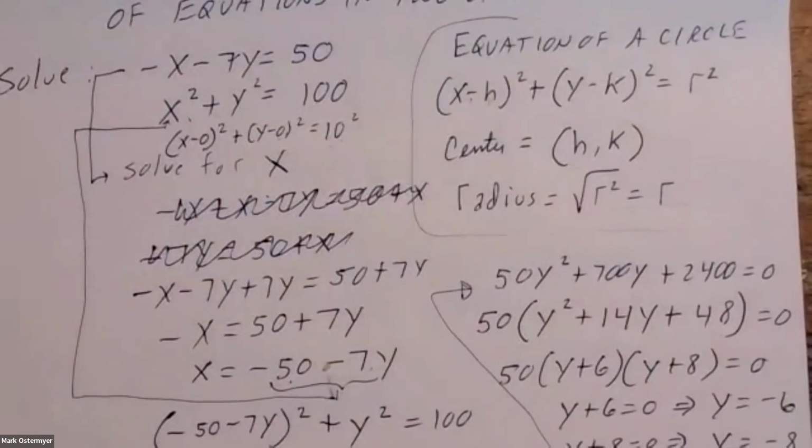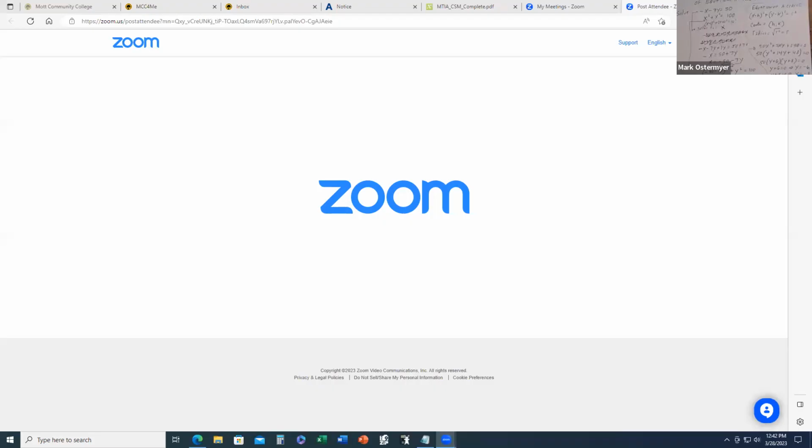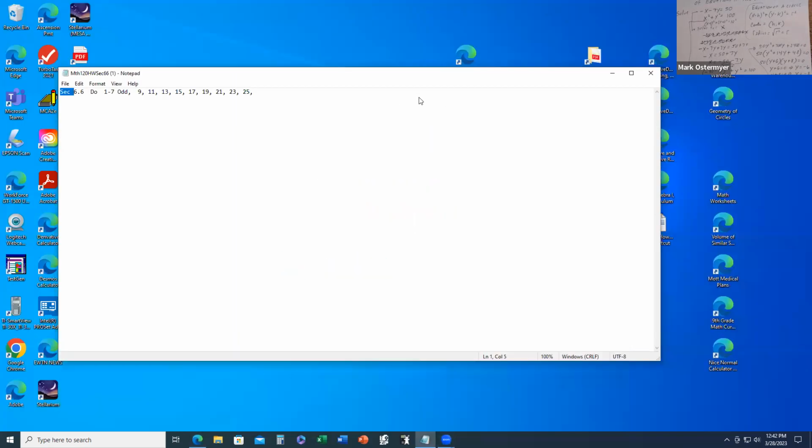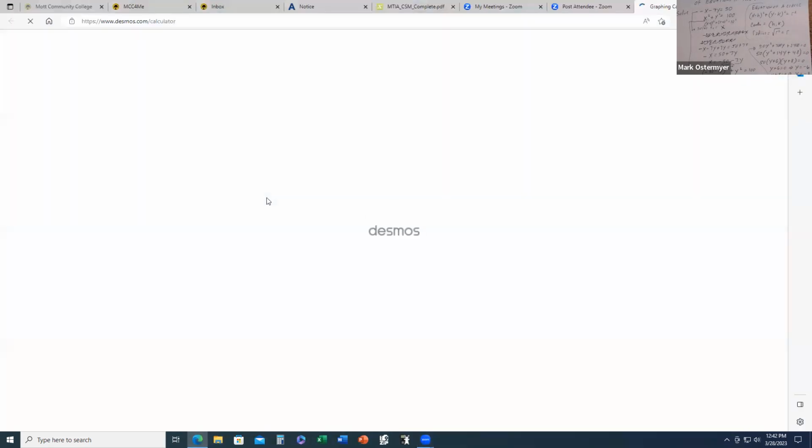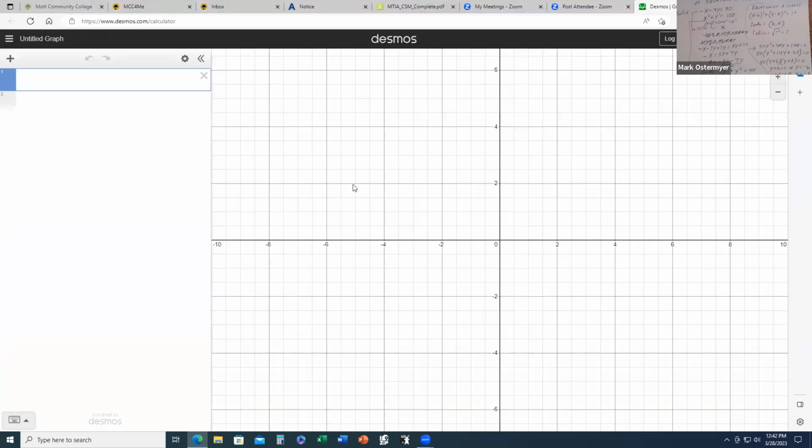What I'm going to do is graph those in Desmos and give ourselves a quick snapshot, ladies and gentlemen, of what those two solutions look like and what they mean geometrically speaking. Now, the nice thing about the Desmos graphing calculator is that your equations do not have to be solved for y like they do for your graphing calculator.